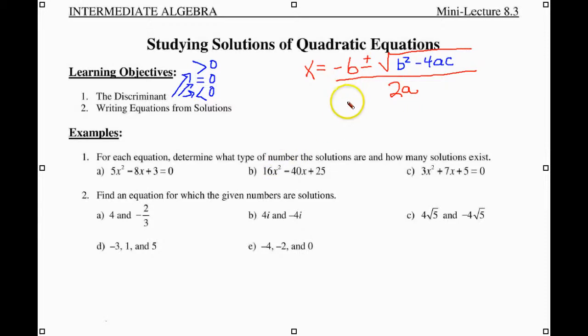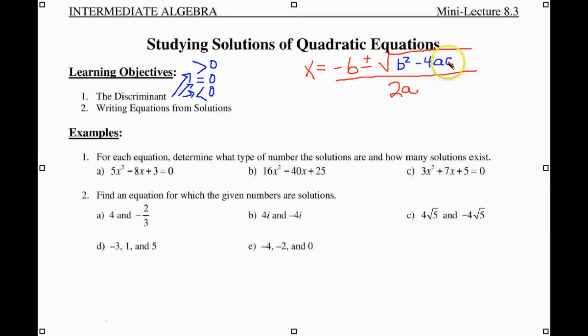Going into topic 3 of chapter 8, we're going to study solutions of the quadratic equation a little bit. And as we look at the quadratic formula here, there's an interesting thing as we look at what we find under the radical sign: b squared minus 4ac.